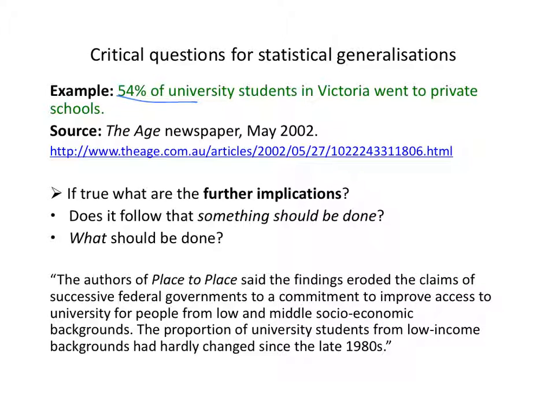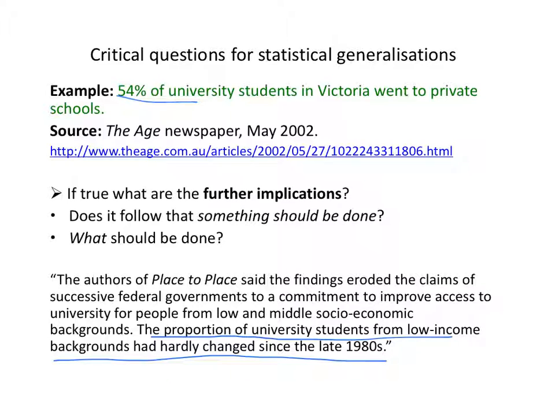They argued that the findings eroded the claims of successive federal governments to a commitment to improve access to university for people from low and middle socio-economic backgrounds. The proportion of university students from low economic backgrounds has hardly changed since the late 1980s. Notice that's a different claim, this statistic at the end, to the one that we had before.